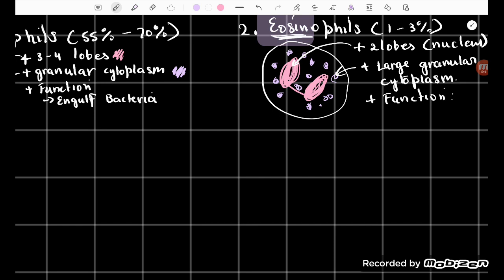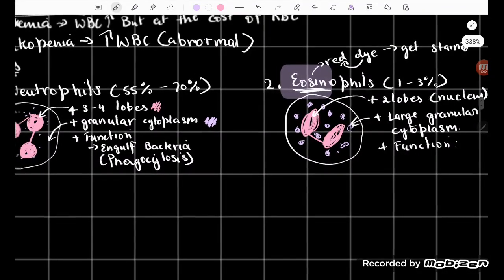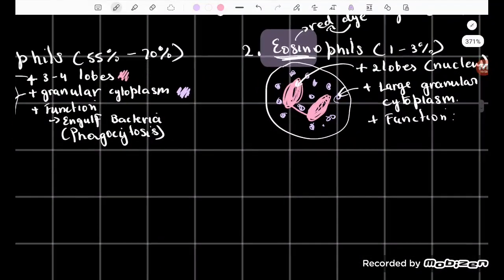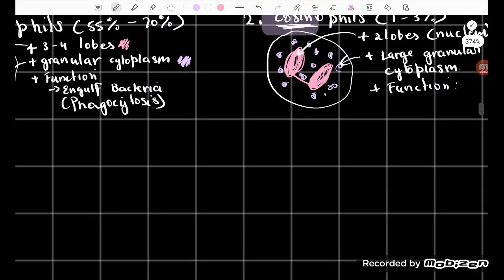This is mainly phagocytosis. If you remember what phagocytosis is, I forgot to add it in here. This is mainly neutrophils. Phagocytosis is the engulfing of bacteria, so mainly neutrophils do that.